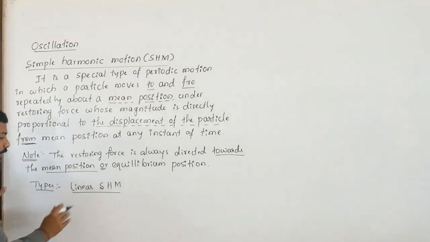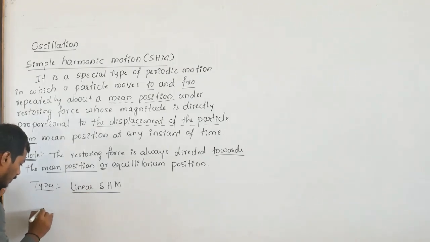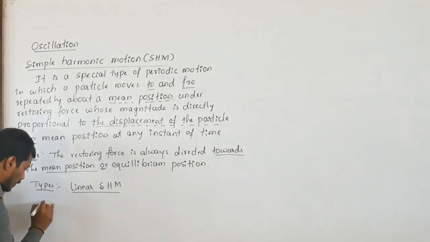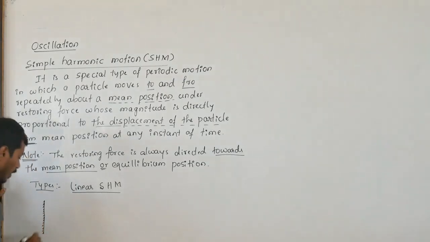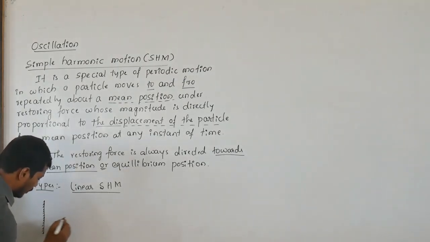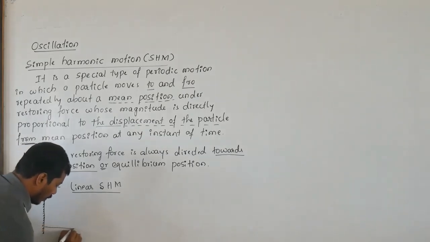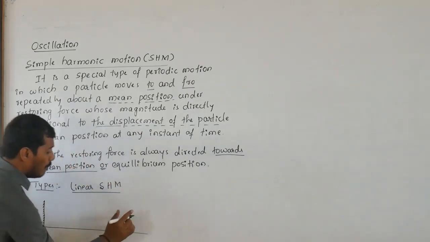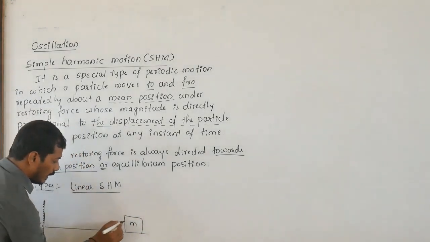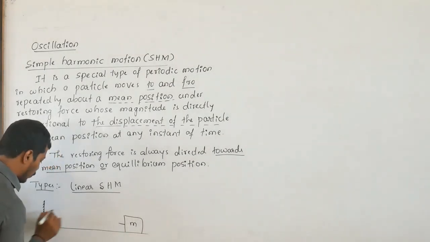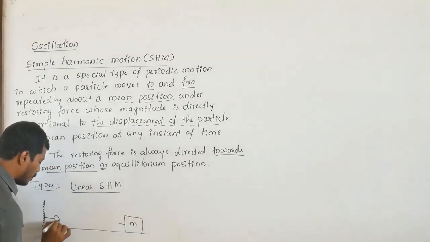An example: there is a rigid support and a table, and one mass m is kept on this table, connected to the rigid support with the help of a spring.